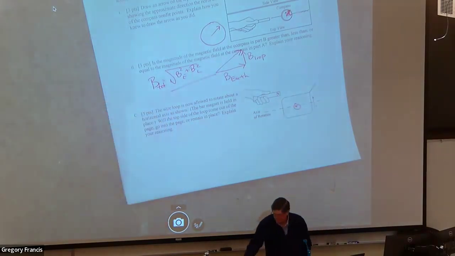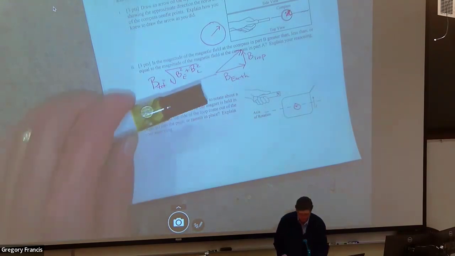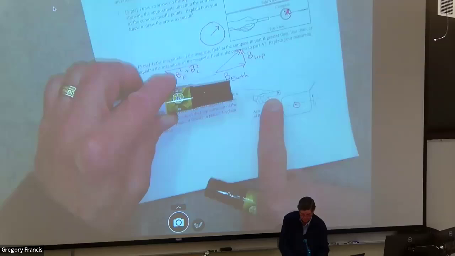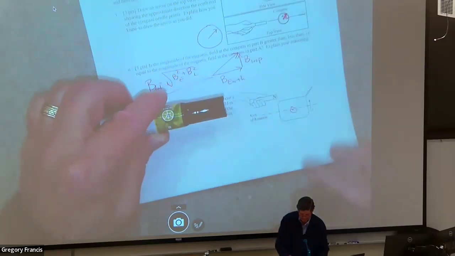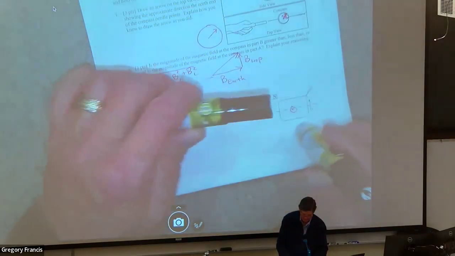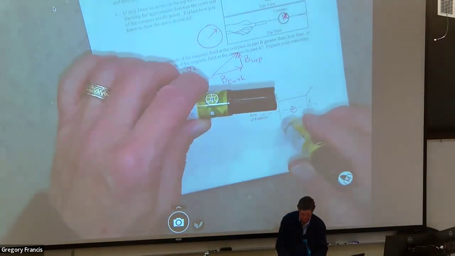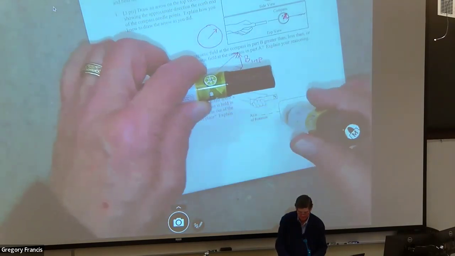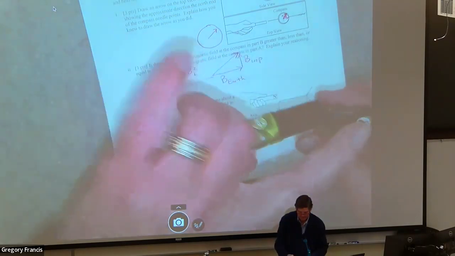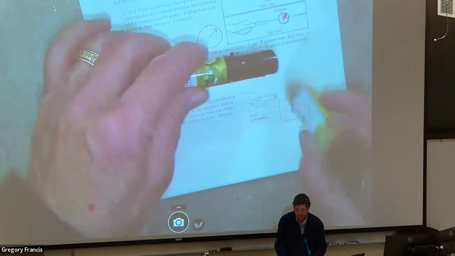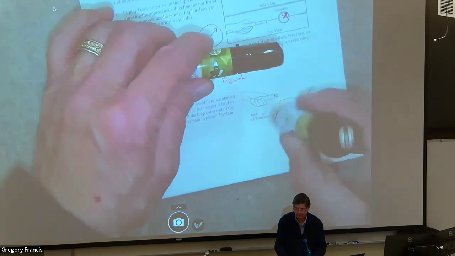And so if I again use props and say, here's the North Pole of the actual bar magnet, and here's the North Pole of the loop, and the loop's free to rotate. Well, this North Pole doesn't want to be next to that North Pole, and so it's going to tip this way.